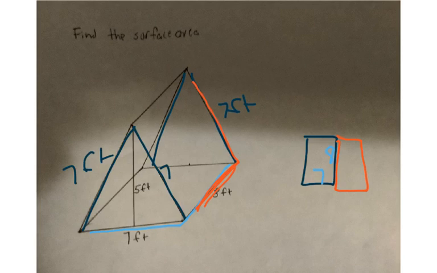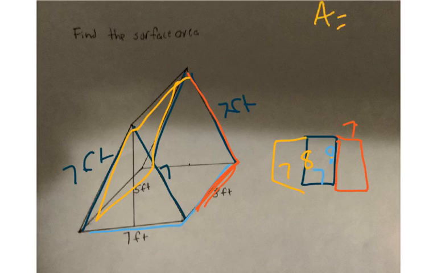And this portion is 7. And then the same thing with the rectangle on this side. Since that is 8, this is 8, and this is 7. So all 3 of our rectangles are the same. They're all 8 by 7s.